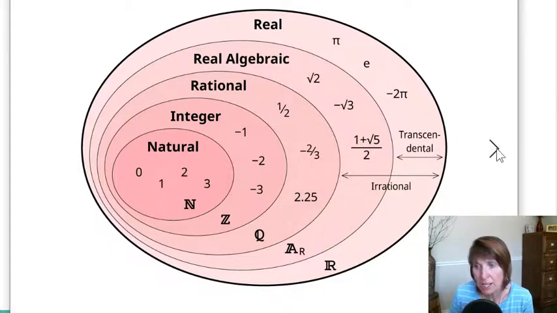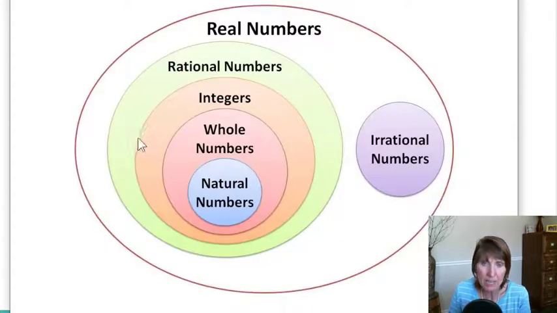Now here's another way to look at it. Here we see the whole thing is real numbers, and they're separated into two groups, the rational numbers and the irrational numbers. In the rational numbers, there are integers, whole numbers, and natural numbers. Here, this is the distinction where natural numbers do not include 0. In this case, natural numbers would be the counting numbers 1, 2, 3, 4, and up.